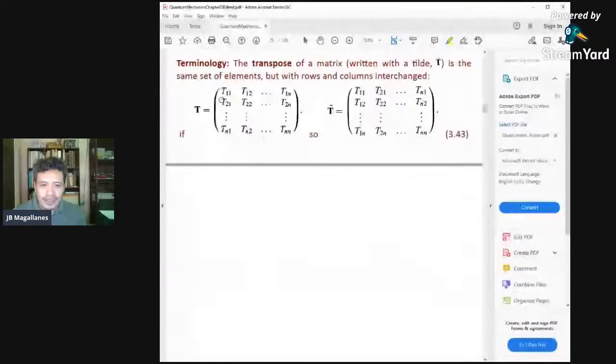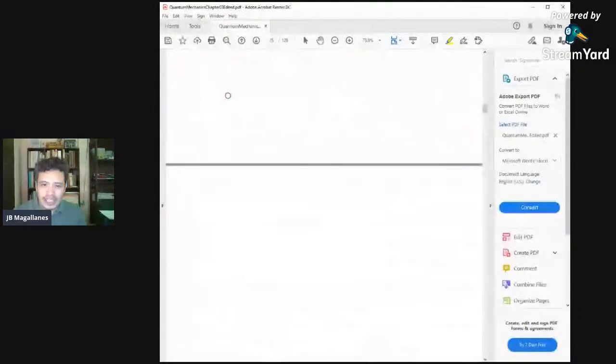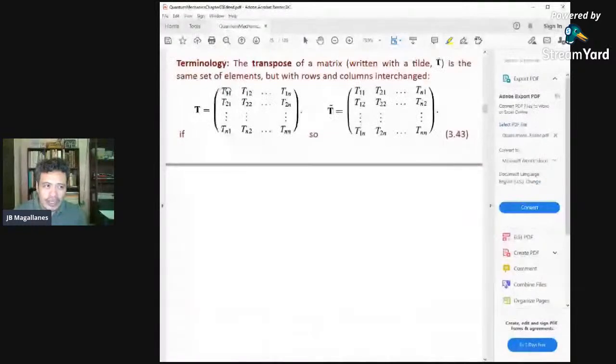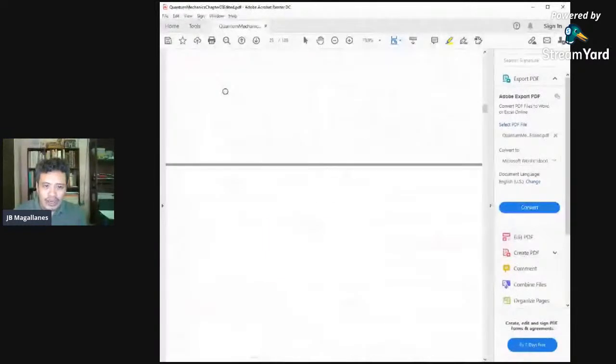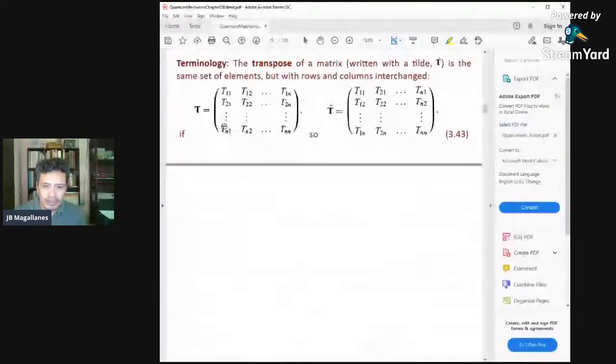So if you have this original matrix here, the transpose would just be, in this case, T11 here, and then T21 until Tn1 to the bottom. This will become the row of the transpose.